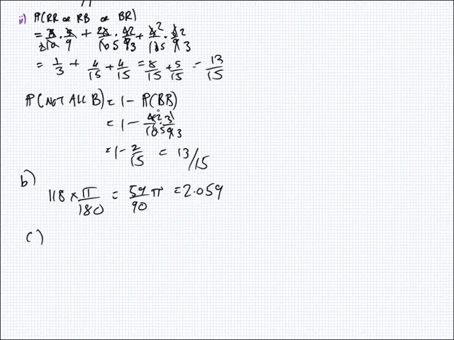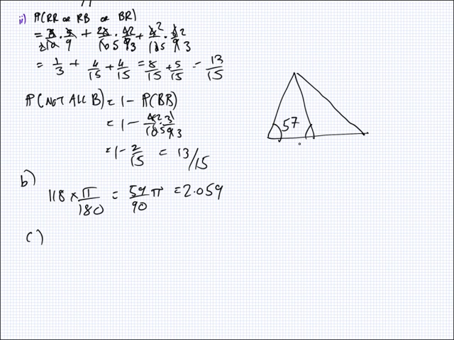C. Now, in part C, you had a triangle drawn. And you had this angle is 57, and that one was 62. And this side here was 8.7 centimeters.